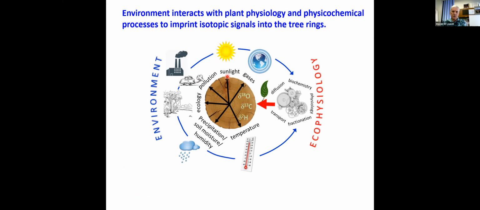So here's our measurements. We get a core such as Dan had taken, or we have a slab of wood here. We can separate out rings. We can analyze their 18O-16O ratio, 13C-12C ratio, deuterium-hydrogen ratio, and have a series of these isotopes through time.